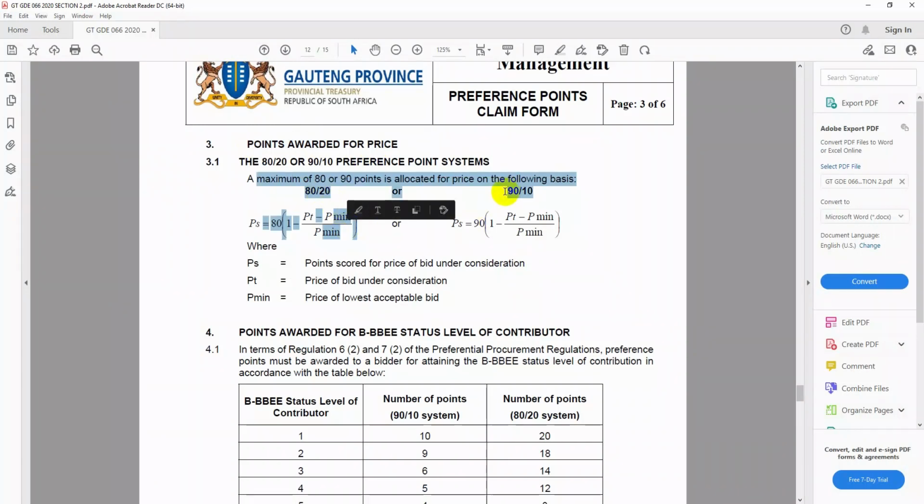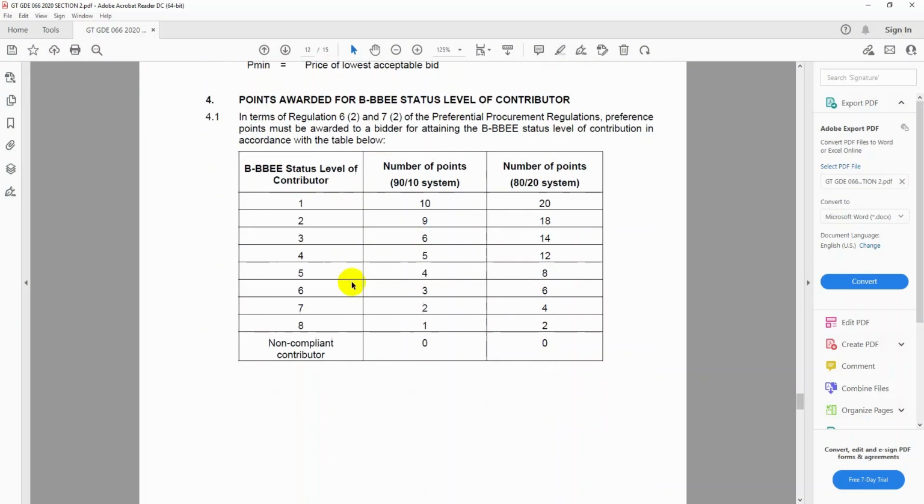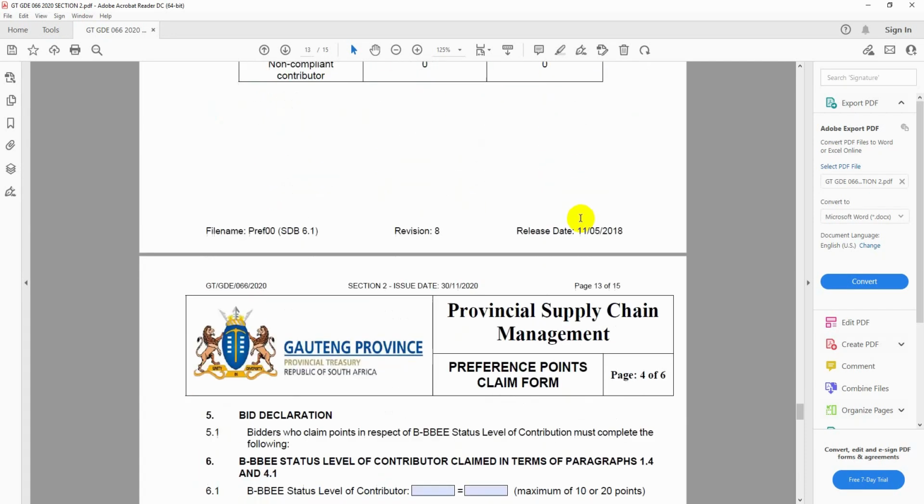For 80-20, using this one; for 90-10, that one. And they explain what PS, PT, and P-min are there. And it shows that if you are level 1 status level contributor, then these are the points that you get. Under 90-10 you get 10, under 80-20 you get 20 points.